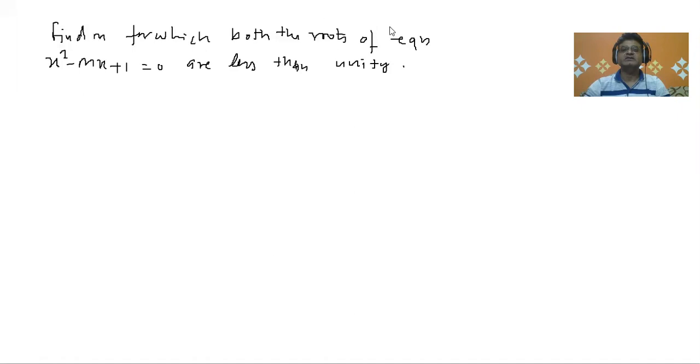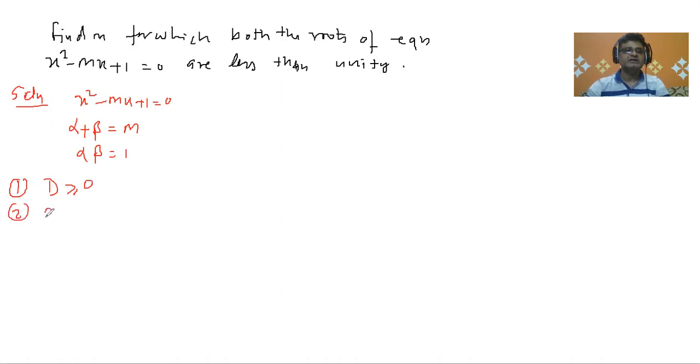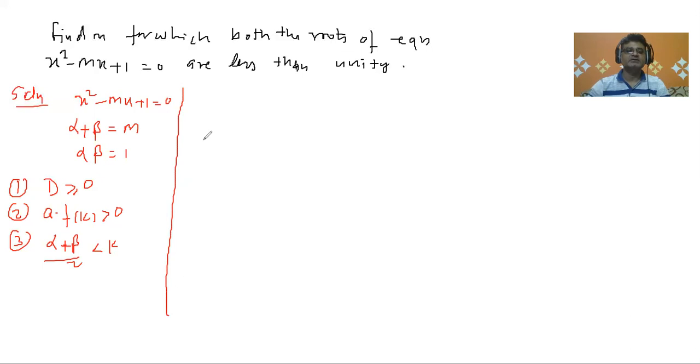In this case, first of all, we write x square minus mx plus 1 equals 0. You can see that alpha plus beta is minus b by a and alpha beta is c by a. Our first condition is D should be greater than or equal to 0. Second, a into fk should be greater than 0. And third is alpha plus beta by 2 should be less than k. First, D greater than or equal to 0.